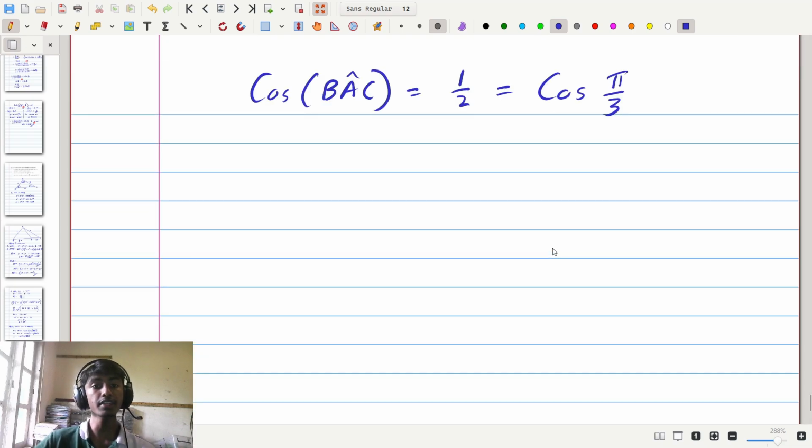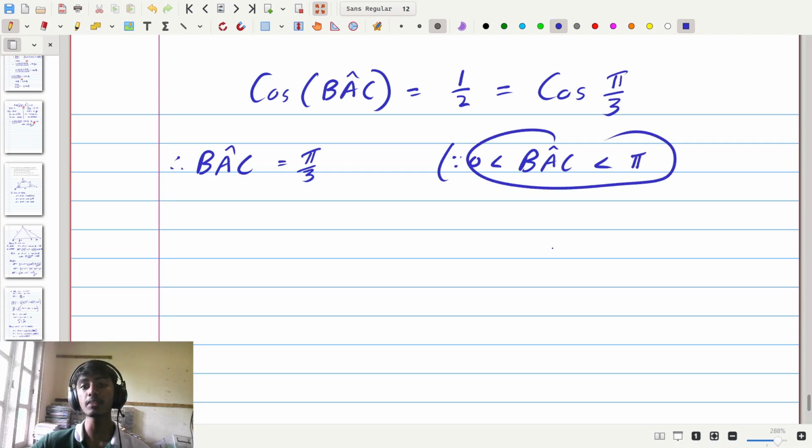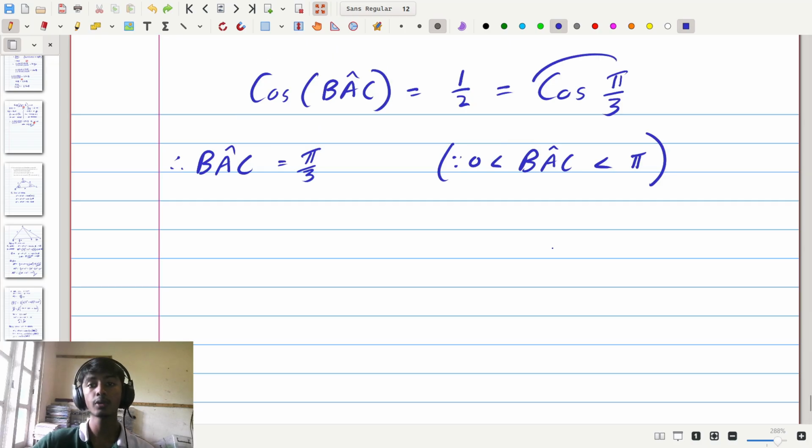Now from this, we can directly say angle BAC is therefore equal to pi by 3, and we can say this because it's the cosine and because our angle BAC is between 0 and pi radians. So because angle BAC is between 0 and pi radians, if the cosine of BAC is equal to the cosine of pi by 3, then BAC must be equal to pi by 3. And with that, we're done with the question.